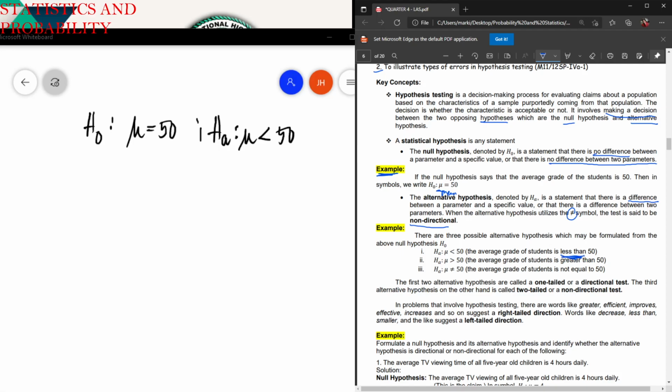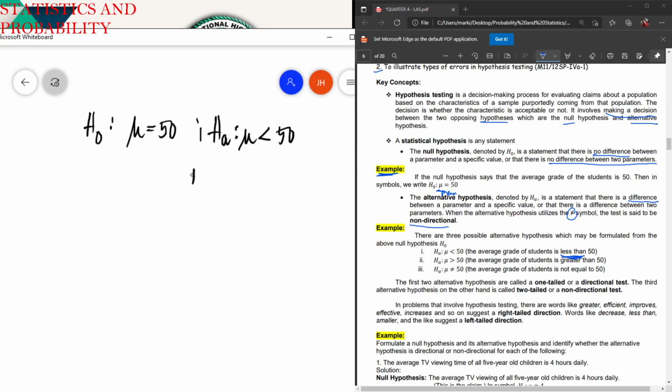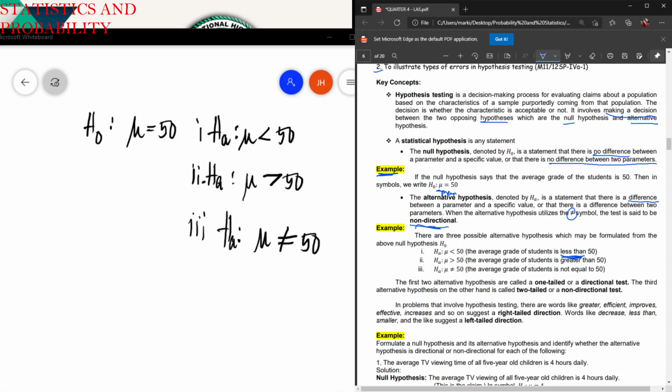Second, the average of the students is greater than 50. And the third one is the alternative hypothesis that the mean is not equal to 50. So the average grade is not equal to 50, and we don't know the direction, that's why it is called non-directional.